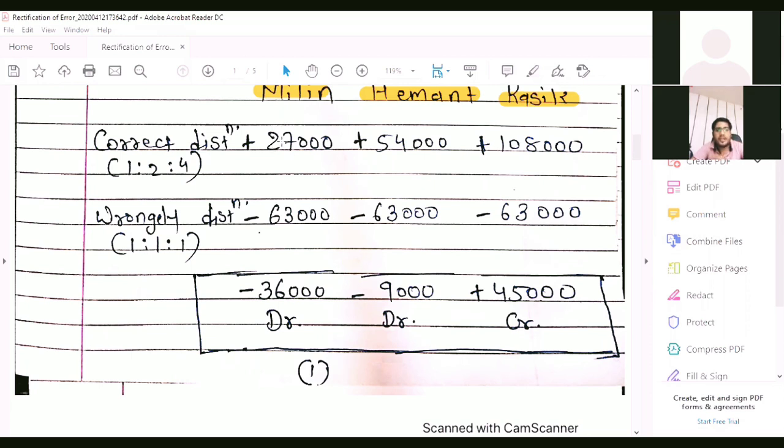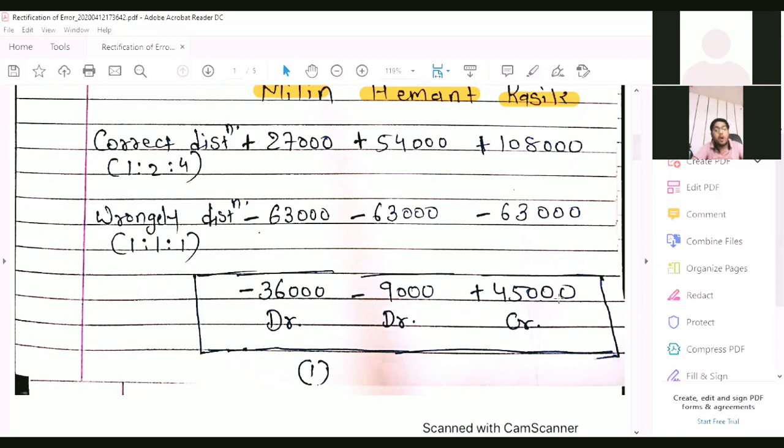Milin should get 27,000, but he got 63,000. So plus minus is minus 36,000. Plus 54,000 minus 63,000 comes to minus 9,000. Plus 1,08,000 minus 63,000, so plus 45,000. So this is your calculation.